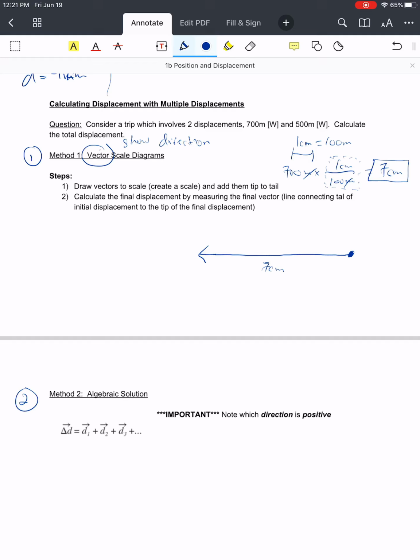So that's 7 centimeters to the west. Now here is how we draw a vector. This is the tip, with the arrow, and this is the tail. Now, doing tip to tail, I'm going to get my second displacement, which is 500 meters, so it's going to be 5 centimeters long.